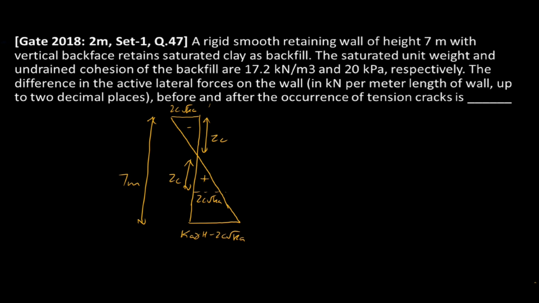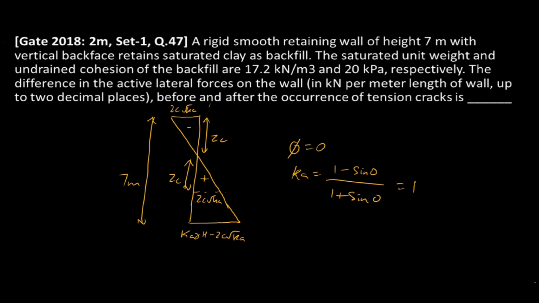Since they have given the saturated unit weight, which means the vertical wall retains saturated clay as backfill, the angle of internal friction will be equal to 0. Therefore, Ka will be equal to 1 minus sine 0 divided by 1 plus sine 0, which is nothing but 1.